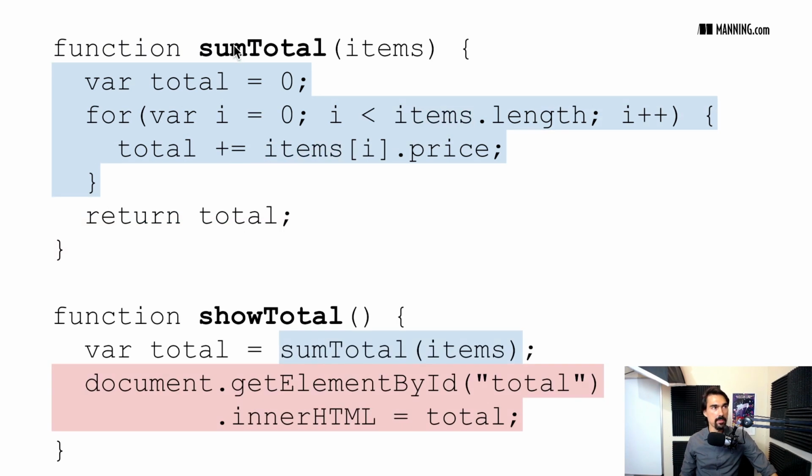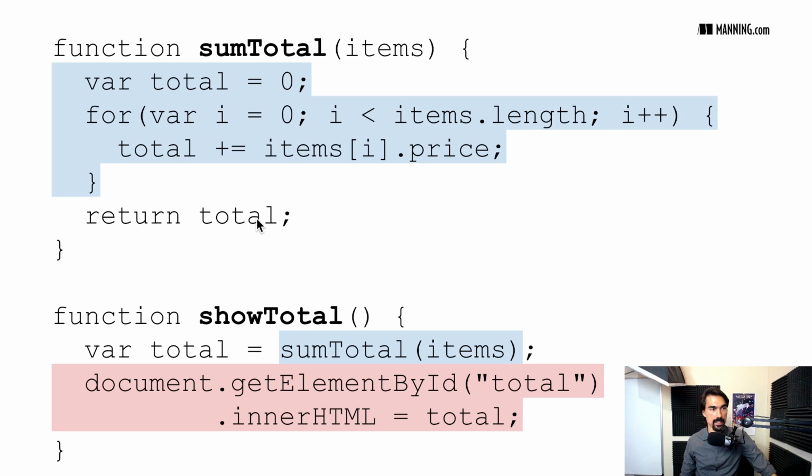We do that, we make a function called sumTotal, and it takes items as an argument. And then we have this for loop in there. Now items in here is blue because it's the argument. Once it's passed in, it's not going to change. If we need to sum a different array, we can just pass it in. We don't have to assign it to a global variable. And then it's going to return the total at the end.